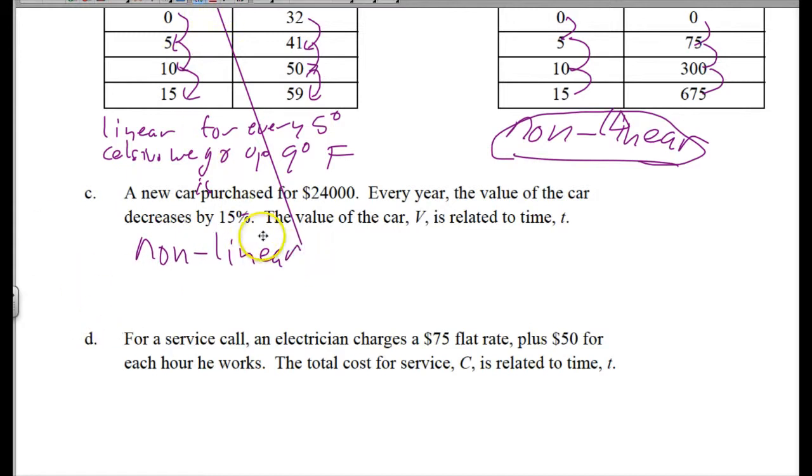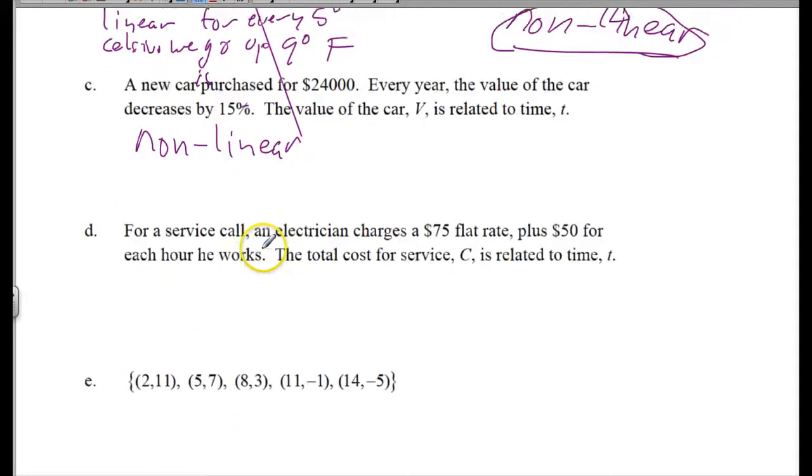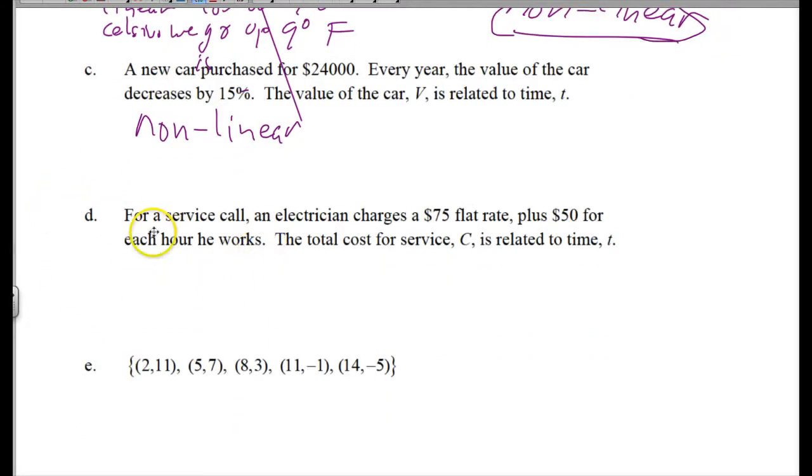Non-linear. For a service call, an electrician charges a $75 flat rate plus $50 for each hour he works. The total cost for service is related to the time. So time 0 would be $75. That's just to show up. Time 1 will be 125. Time 2 will be 175. Initially it's not linear, but actually, wait a sec, if we go up by 1, we go up by 50, up by 1, up by 50.